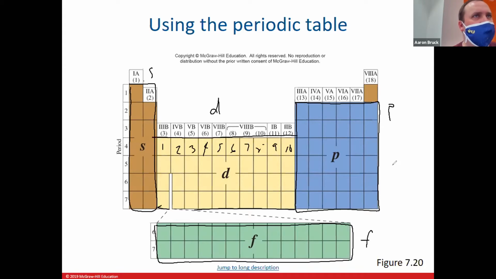The F sublevel is capable of holding 14 electrons, and we can see that that block has 14 columns in it, 14 blocks.